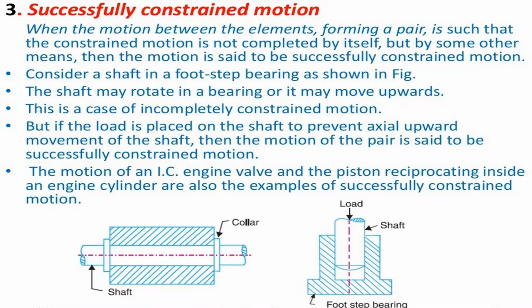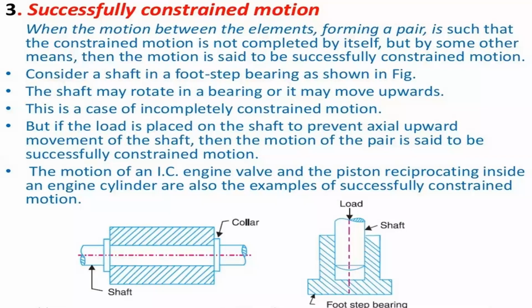This kind of motion is called successfully constrained motion. You can see the motion between two parts that is generated between two constrained motions.